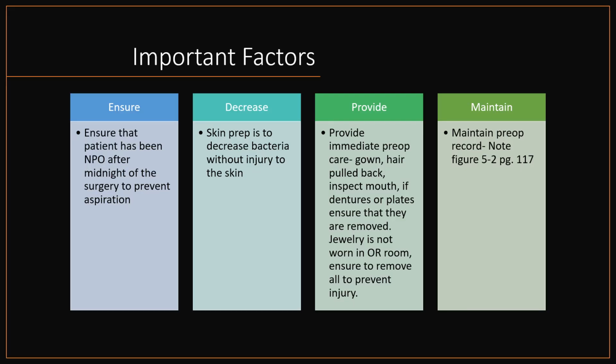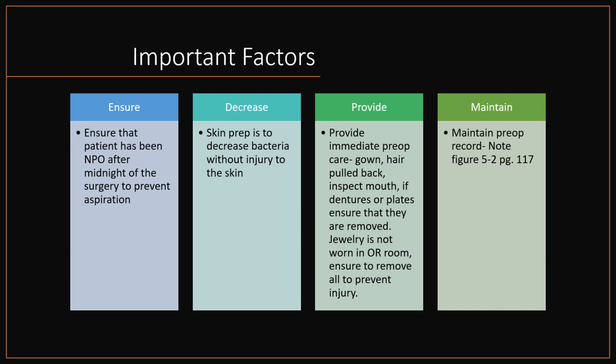Okay, so some important factors. We want to ensure, decrease, provide, and maintain. Number one, we ensure that the patient's been NPO, and that's just to prevent aspiration during the surgery. That could be a very serious life-threatening complication. So keeping your patients NPO when they have an NPO order is of utmost importance.